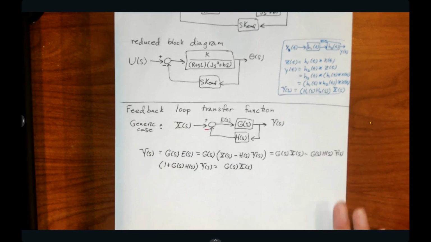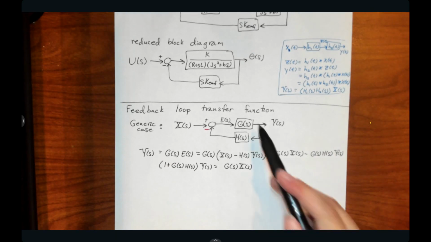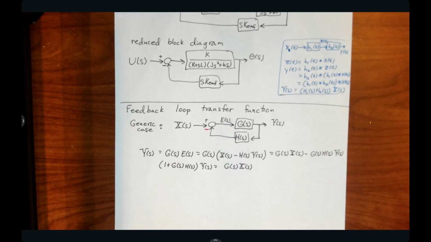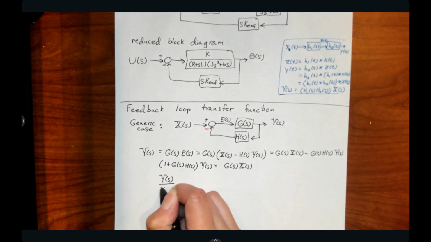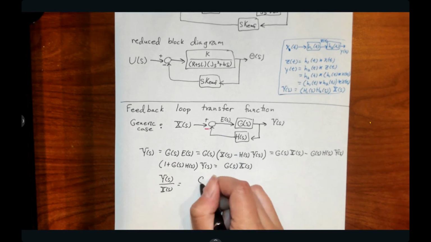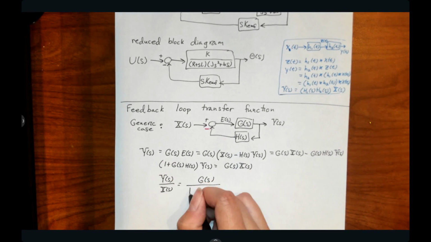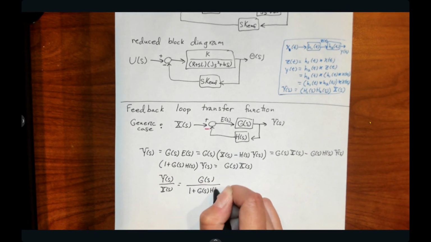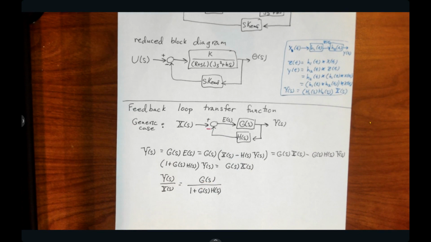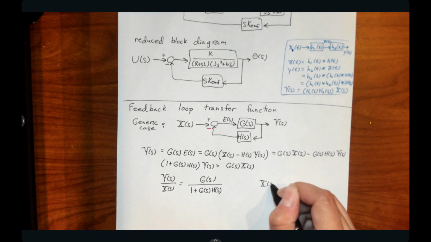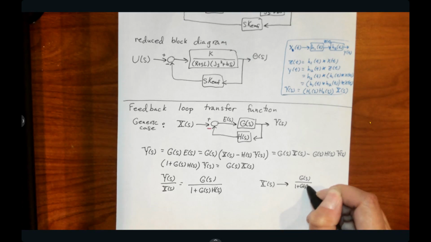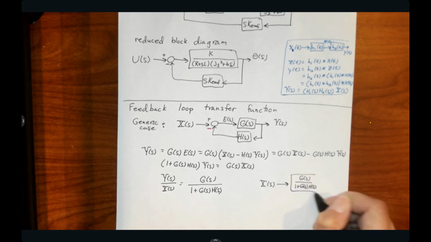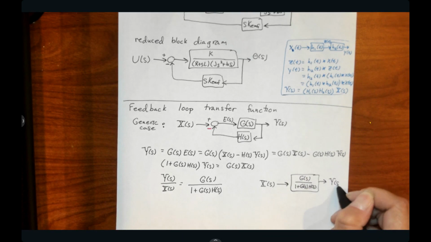And so if I wanted to represent this system with one single transfer function, I get my output related to my input, and I get G of s over 1 plus G H. All right, so I can take this block diagram here, and this is the same as just passing through this single transfer function, like so.